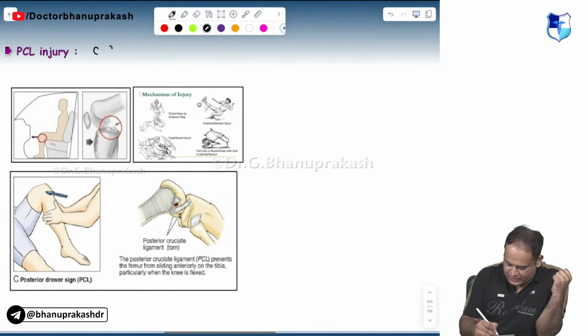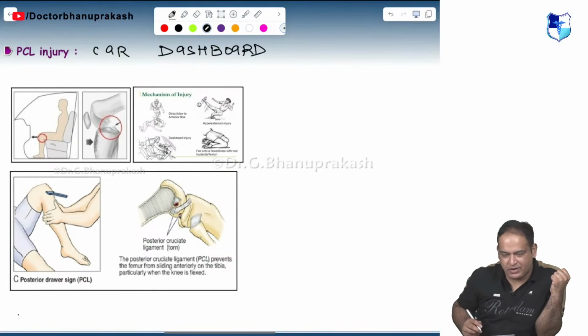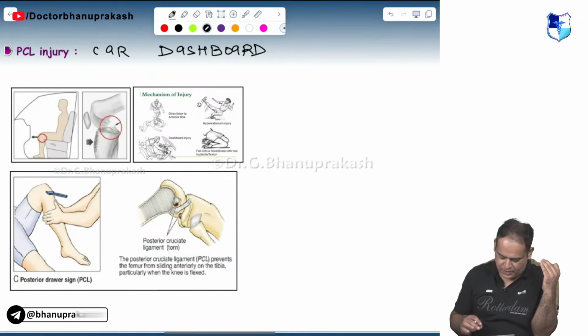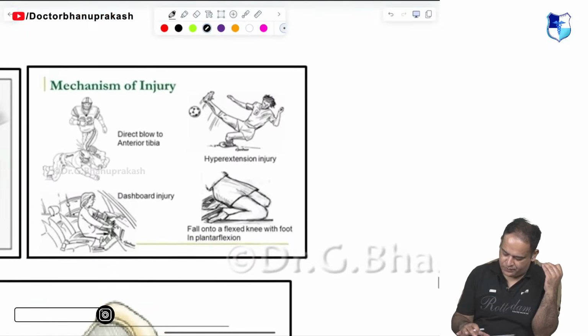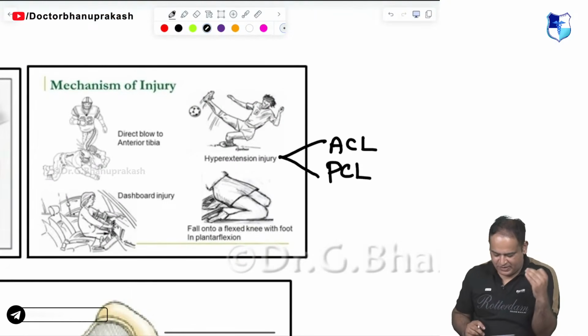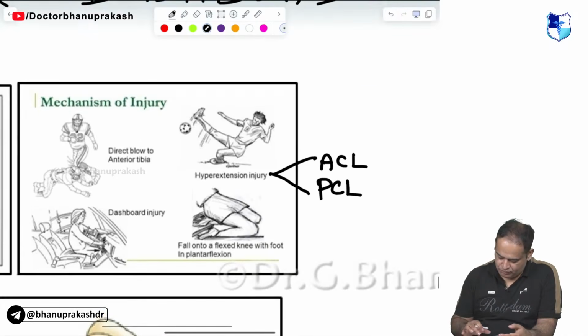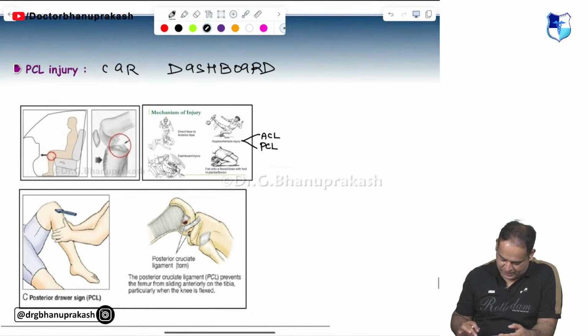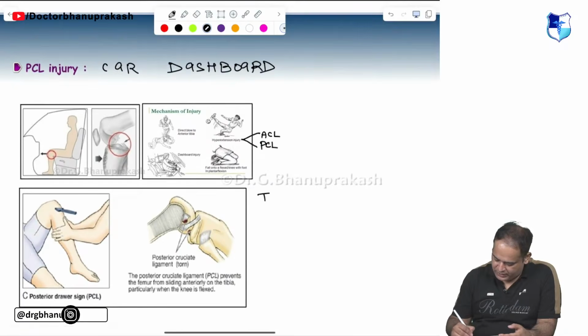PCL injury, it is common in car dashboard. Posterior cruciate ligament injury, common in car dashboard. Now, hyperextension can cause both ACL as well as PCL injury. Now, what are the tests?